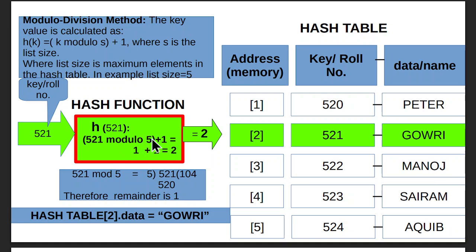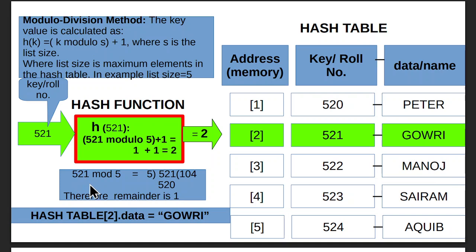So this 5 here is constant in the sense that it is the size of this table. So there are 1, 2, 3, 4, and 5 buckets. Therefore, the size of this table is 5. So in that sense, for all the computations, this 5 is kind of constant. When I pass 521 as parameter to my hash function, it calculates 521 modulo 5.